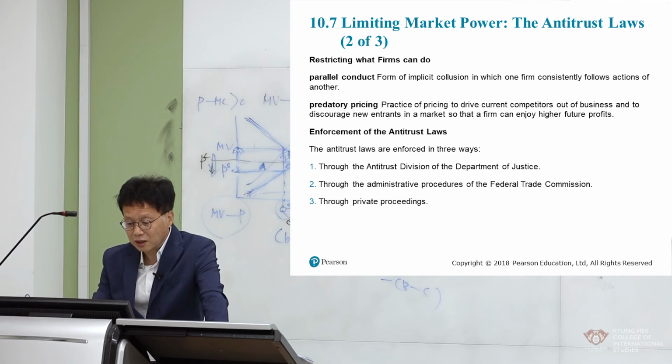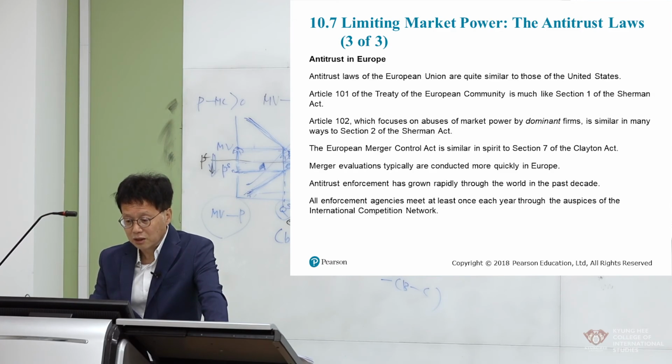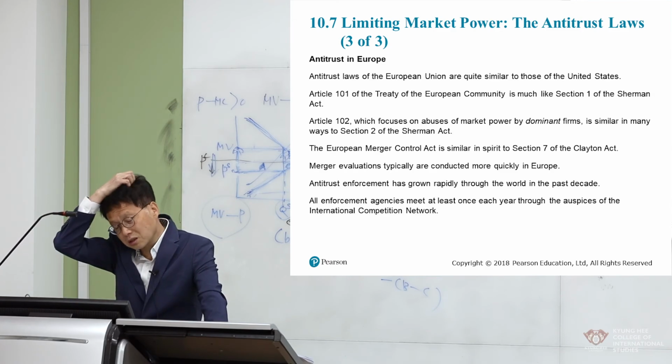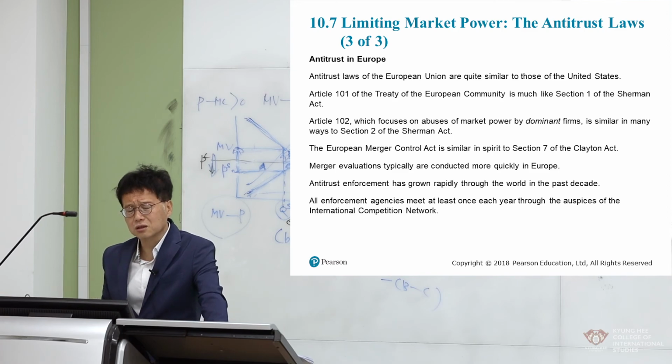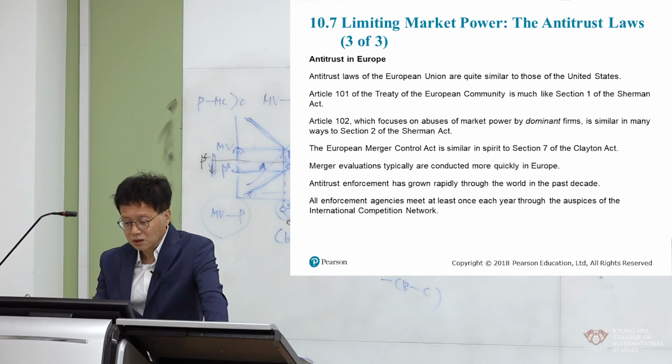Okay? The antitrust laws are enforced in three ways. Number one, through the Antitrust Division of the Department of Justice. This is a U.S. case. Number two, through the administrative procedures of the Federal Trade Commission. Number three, through private proceedings. Antitrust in Europe is stronger than in the United States, and we can find lots of the same things. For example, antitrust in the EU is quite similar to that of the US.